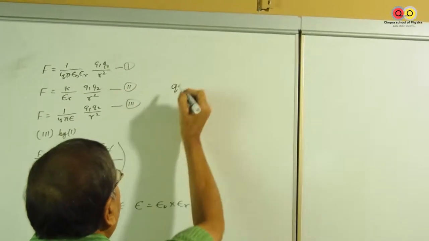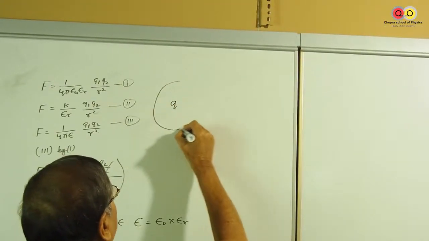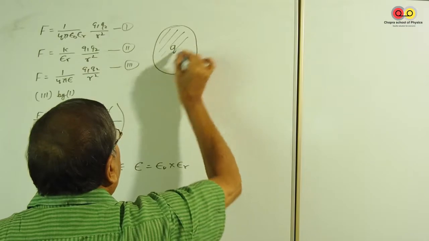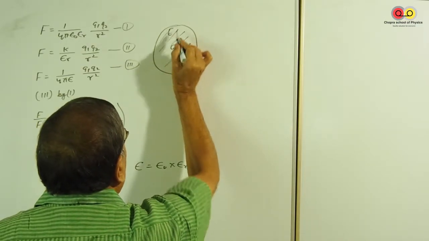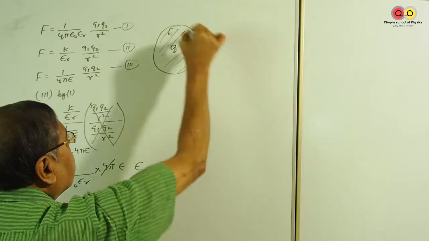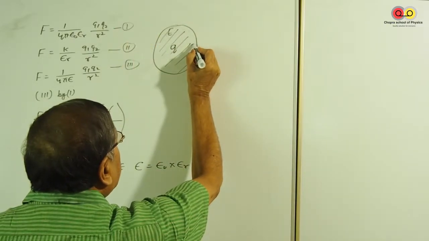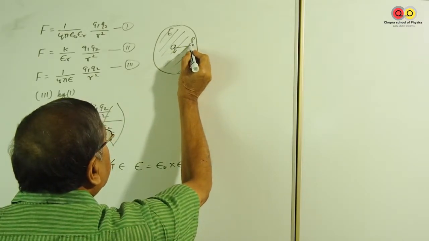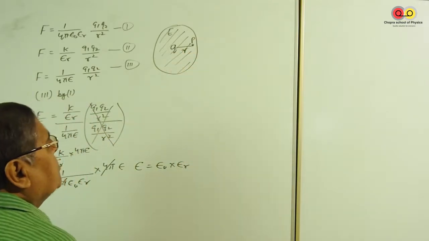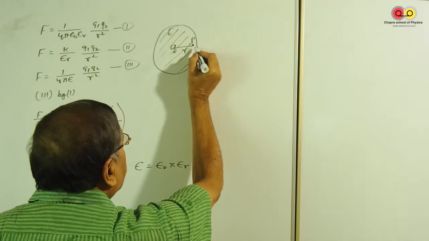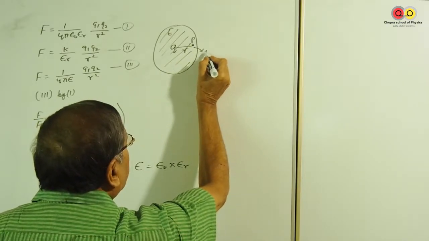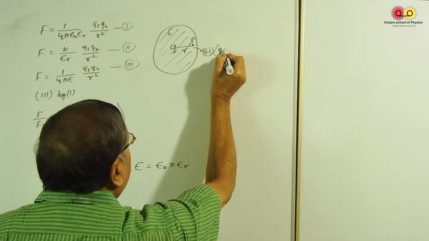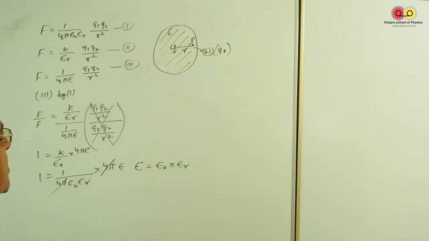Suppose Q is a source charge, and around the source charge we have drawn this boundary. This is called the electric field of the source charge. A point P is selected within the field at distance R from the source charge, and this point accommodates a unit positive charge, assumed to be Q naught, the test charge.